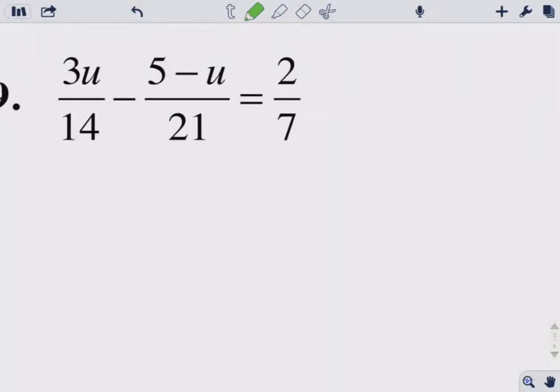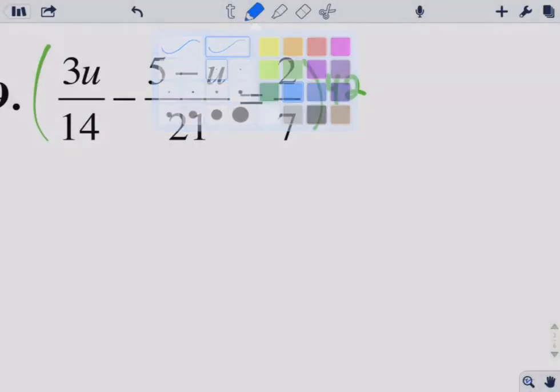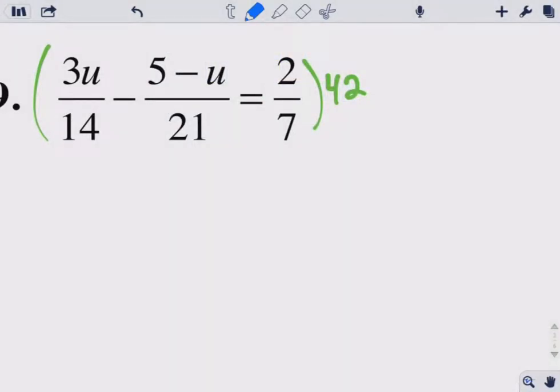14, 21, and 7. 14 does not go into 21. However, 14 does go into 42. 21 goes into it twice, 7 into it 6 times. So the idea here is I'm just going to save myself a little bit of trouble. 14 goes into 42 3 times, so I'll get 3 times 3u.